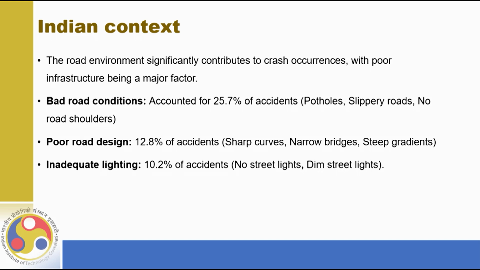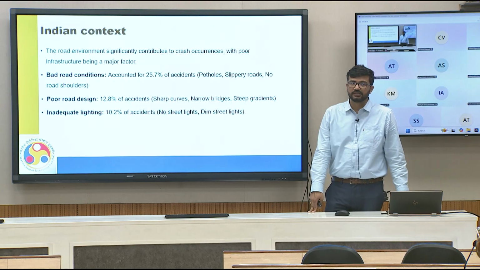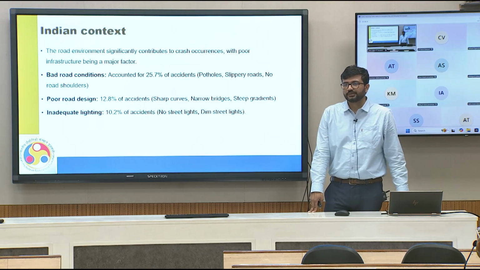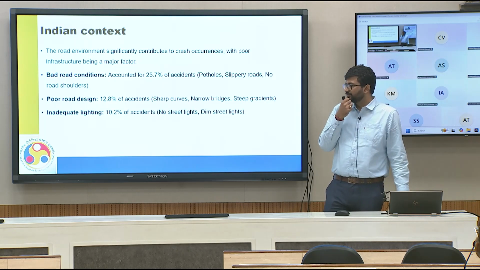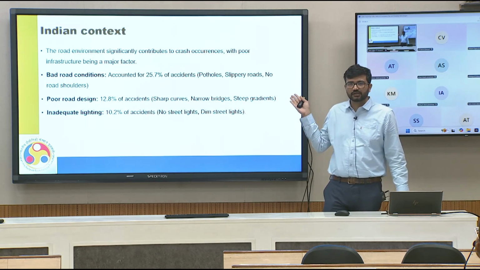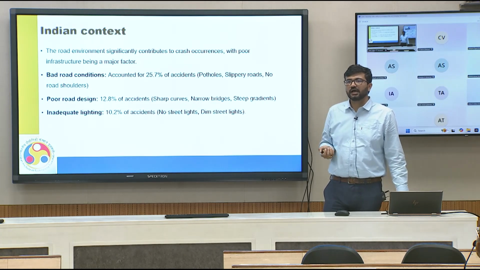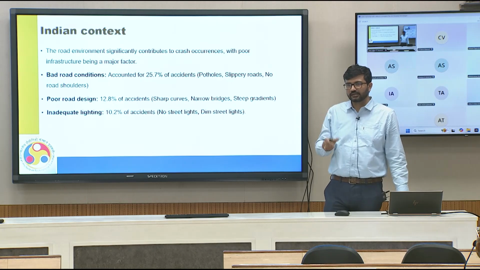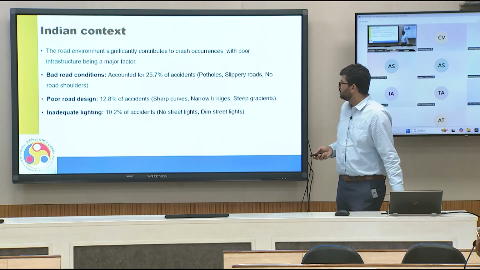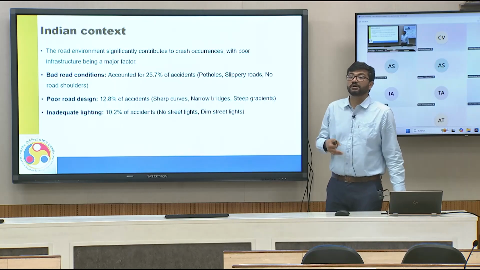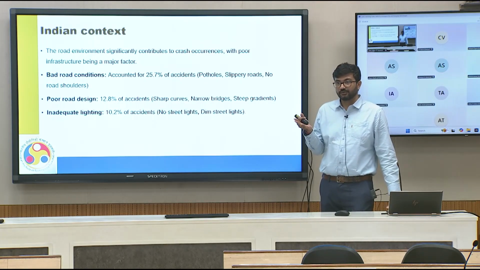Okay. Then one of the other primary factors is inadequate lighting. Most of the roads, if you see, are dark. That causes a lot of accidents, especially nighttime driving. If you go through the reports of MORT, you can see how significant the nighttime crashes are.